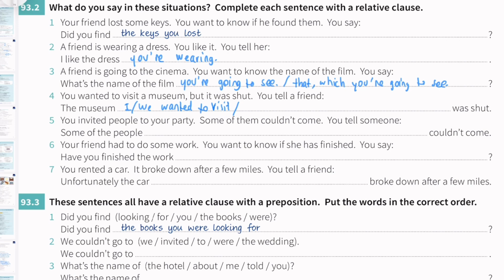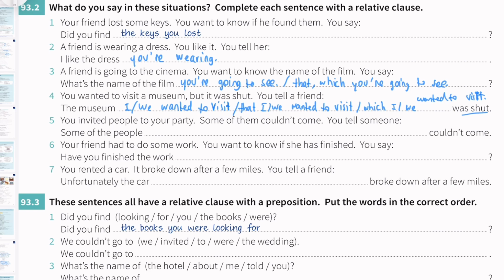If you're still confused, I will write all the possible answers here. It can be the museum that I or we wanted to visit, or you can use which I or we wanted to visit. So again, 3 possibilities.